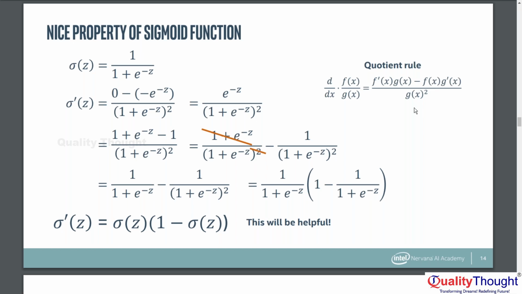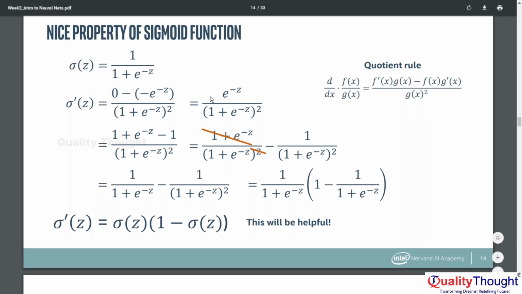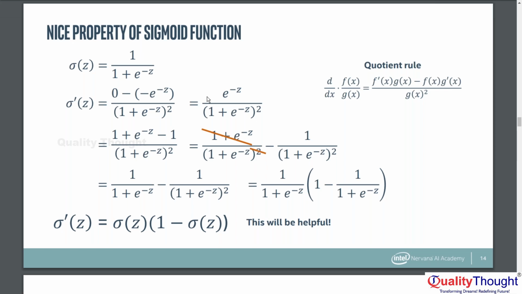How did you get it? We know the coefficient rule, and this is the general derivation we have applied for the sigmoid function, and we can always apply the same using this derivation of the formula.